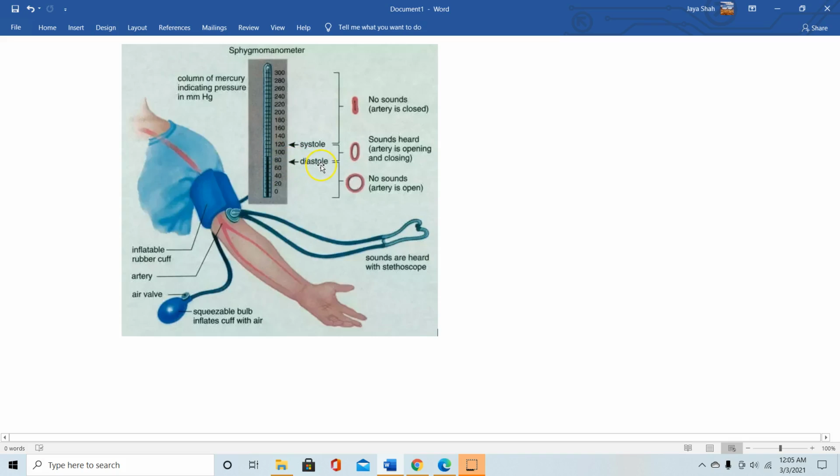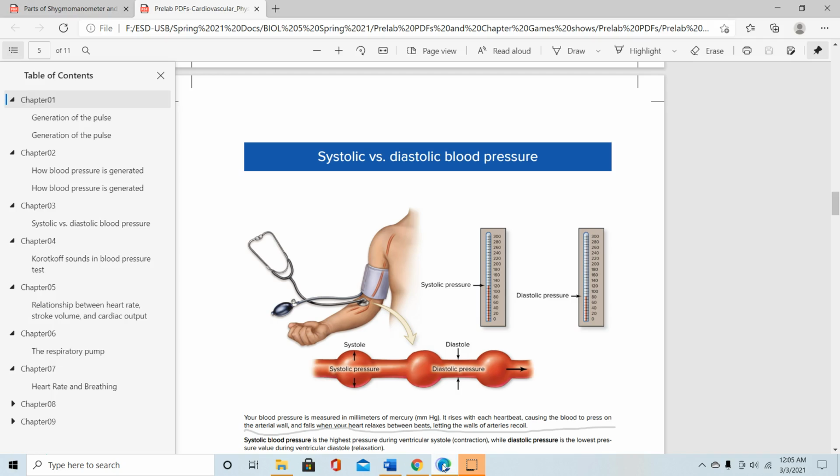When you have smooth flow, you will not hear any sound, because the artery is open. Once you stop hearing that sound, that is the diastolic blood pressure, like at 80. Okay, so this is the sphygmomanometer and how you take the blood pressure.